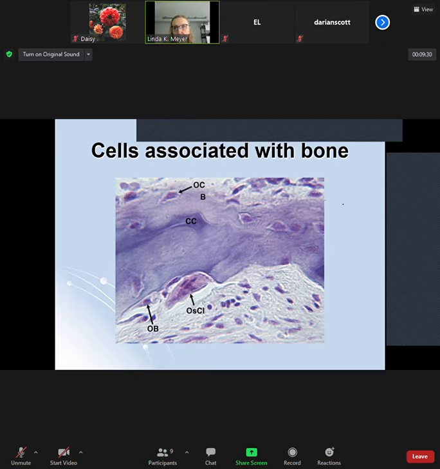So right here we can see a magnification of a bone trabeculi, and within the bone itself, this is an osteocyte. You can see it inside, and then out at the surface of the bone, it just shows you an osteoblast, a much smaller cell with a single nucleus, and then a huge osteoclast with multiple nuclei. And you can actually see the ditched out area that it creates at the surface of the bone.